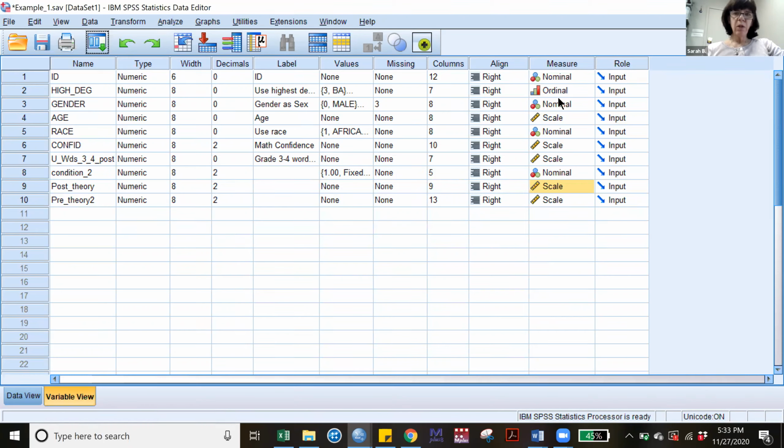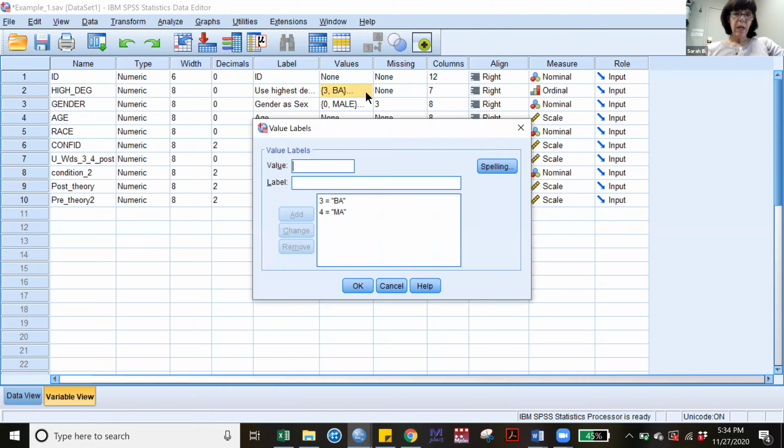The highest degree is scaled as an ordinal variable because there's a progression, but it's not continuous. And actually we only have 2 levels in this, because some others have been edited out. So the only choices are that a participant may have already earned a BA or already earned a master's degree.